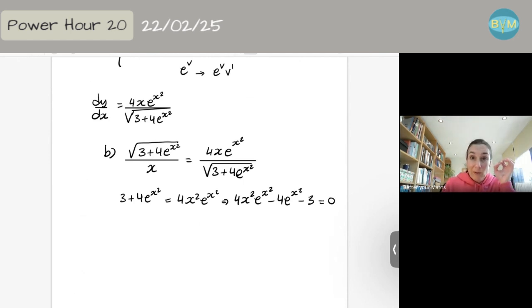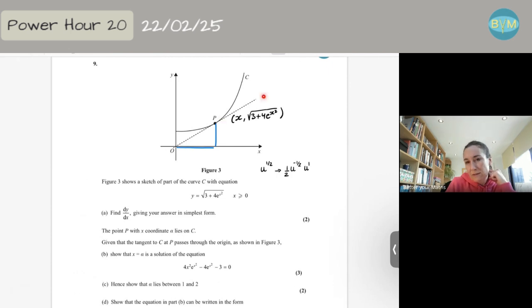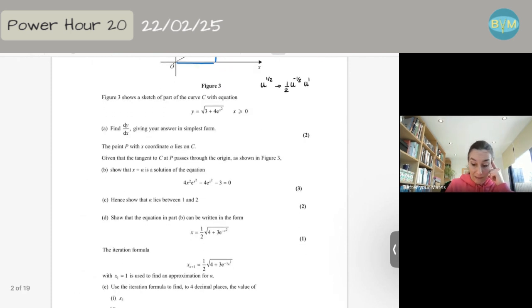It's simpler than it looks. The first time I did it, I think I had to look at the mark scheme because I was a bit confused about whether to write the equation of the line passing through the origin and the point. But it's simpler than it looks.